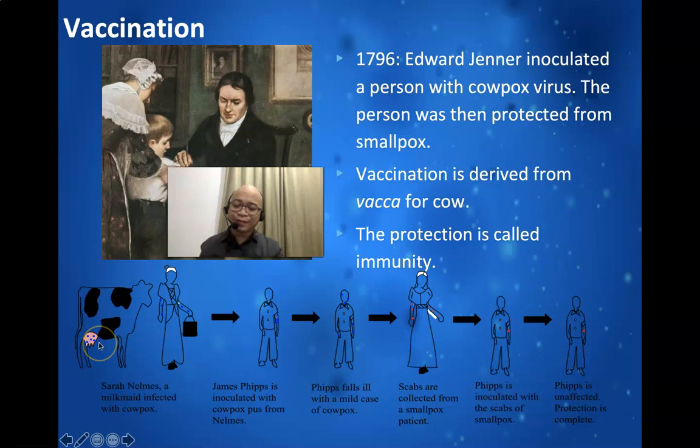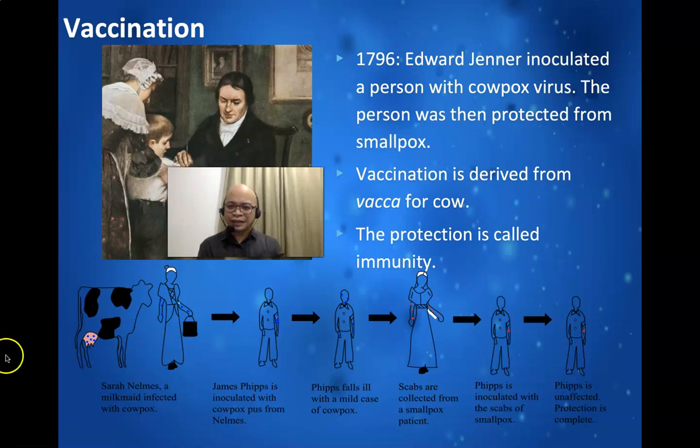Because the thing here is, there is a principle of cross-reactivity. I'm sorry for the sound of the dogs, we have 2 dogs here in the house. So, the principle of cross-reactivity: if you get infected with cowpox, you produce antibodies, and these antibodies will also protect you against smallpox. So Edward Jenner needs to prove that this is actually correct.